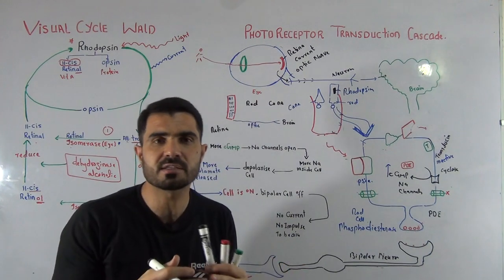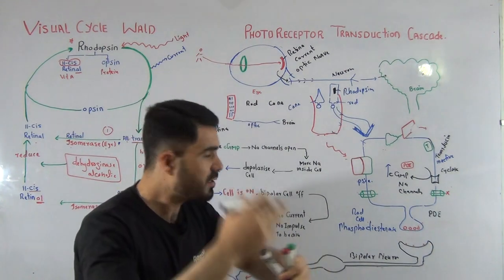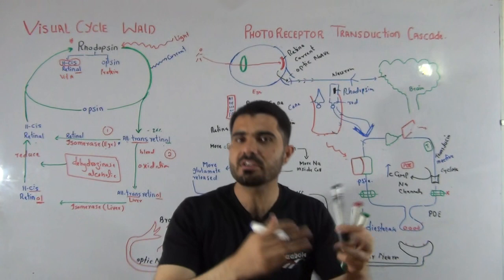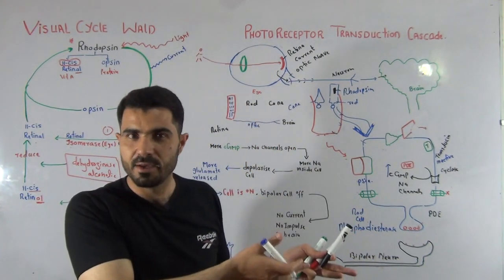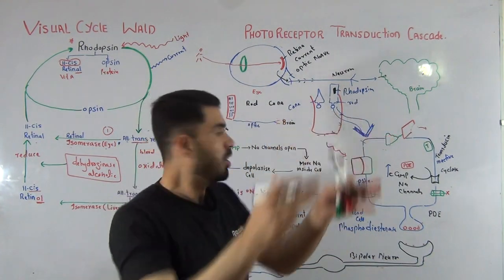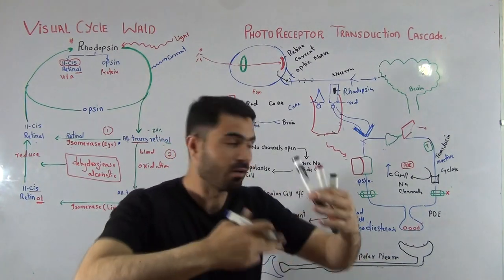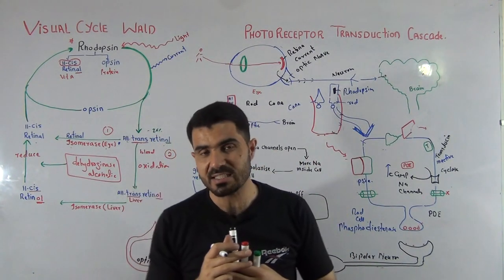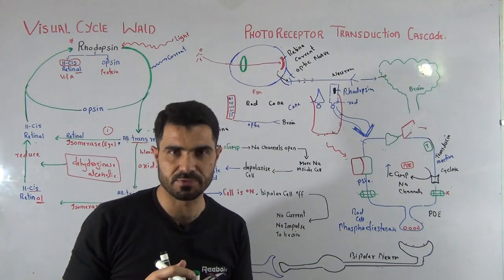As far as light is not there, guanosine monophosphate will be continuously synthesized inside the cell. So as a result of no light, we will have a large number of cyclic guanosine monophosphate.